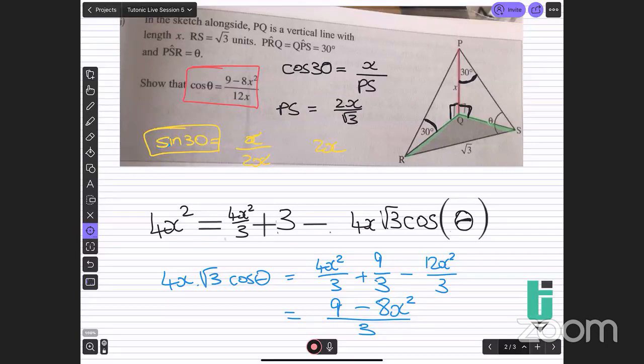What's 4 times root 3? 4x times 4 root 3, right? So what's 4 root 3 times... why does this not look right here? Did we make a mistake?